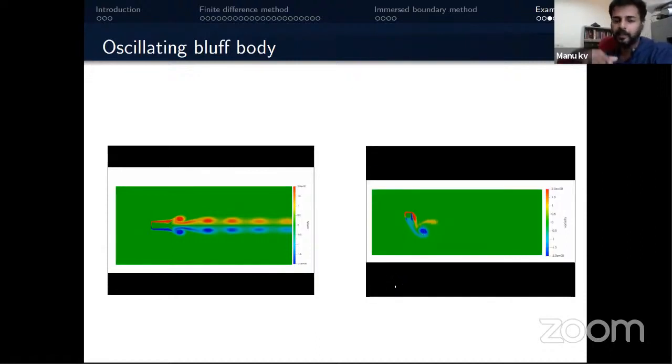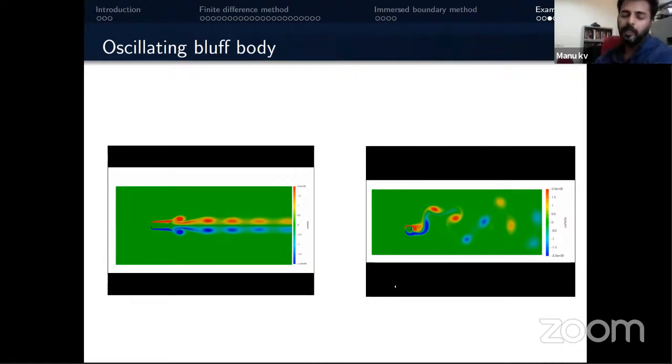In this case, the body is moving with a vertical velocity, and this is an in-built code developed by my MTech student. Here it is moving in a vertical direction, and suppose you want to study a force induced vibration case, or many complex geometries, this kind of method is extremely useful.